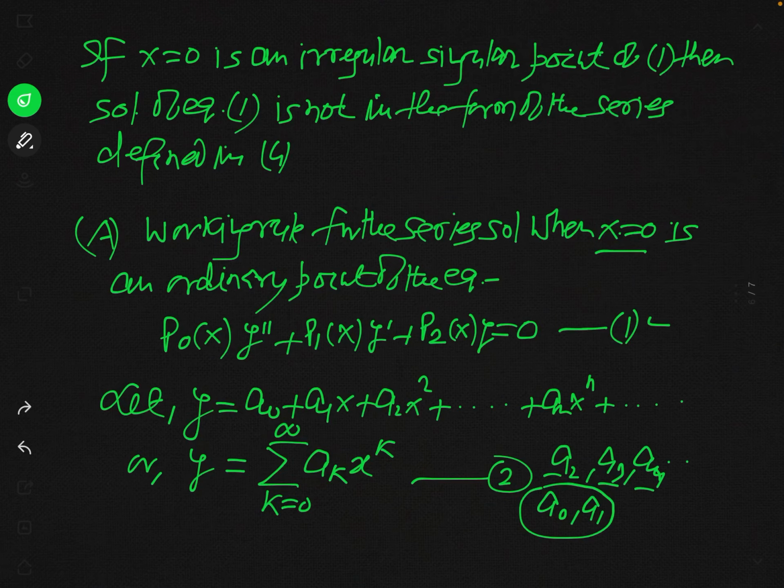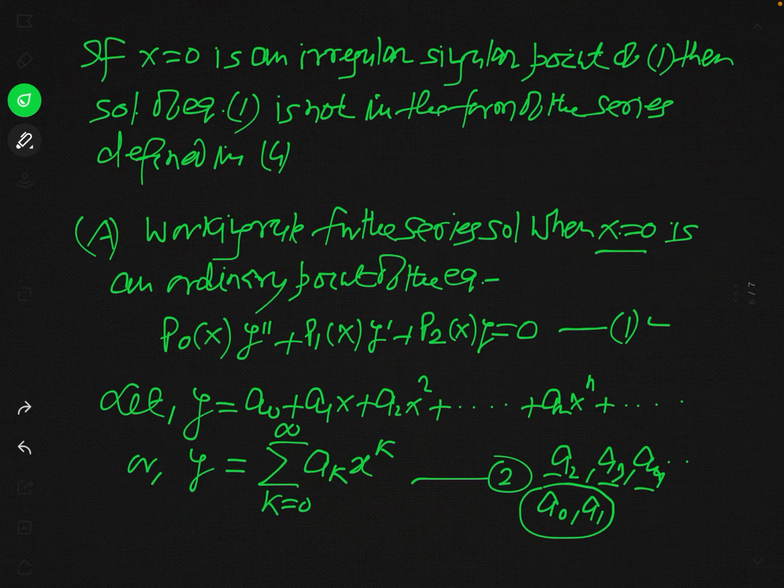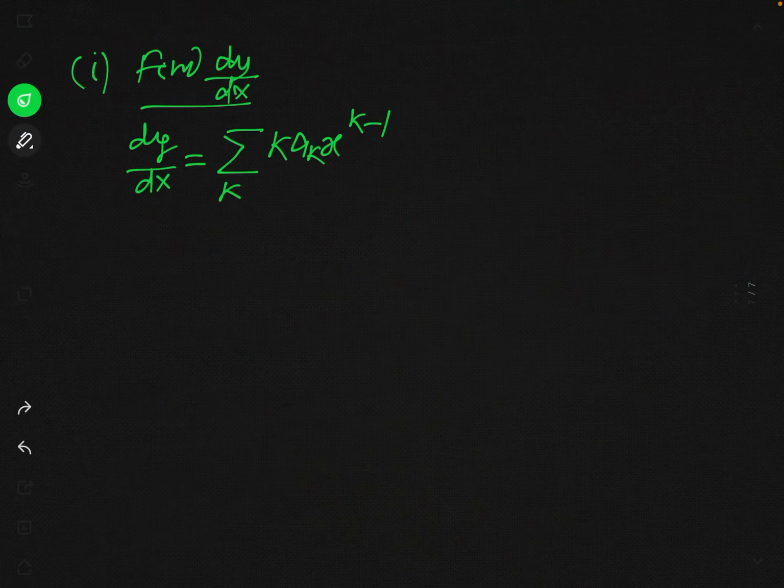From equation 2, you can see dy by dx will be simply summation over k of k ak x to the power k minus 1. When you differentiate, ak is a constant factor and we differentiate simply x to the power k, so that will be k into x to the power k minus 1.